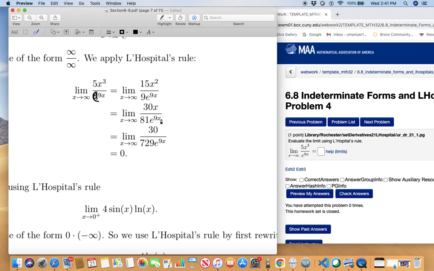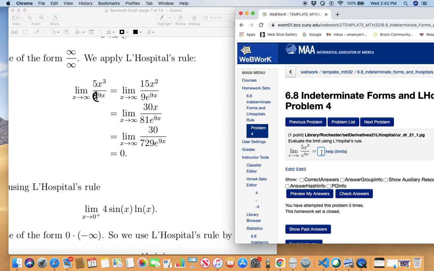Again I have the limit as x approaches infinity to be infinity over infinity. So take the derivative once more, 30 upstairs, and get one more 9 going, so 729. Now when x approaches infinity, the numerator is constant, but the denominator goes to infinity. So the fraction is 0.